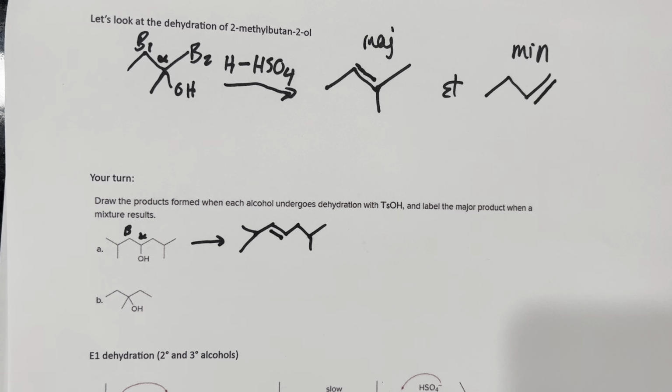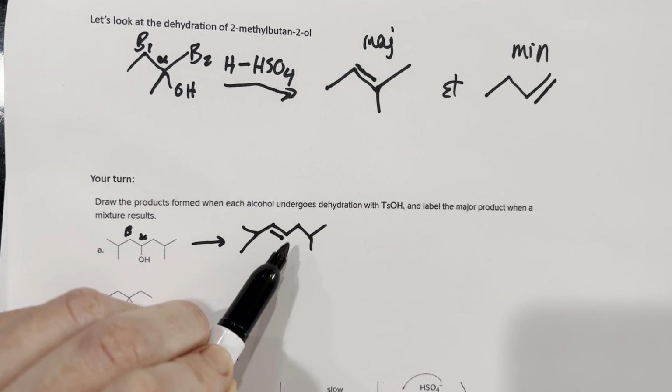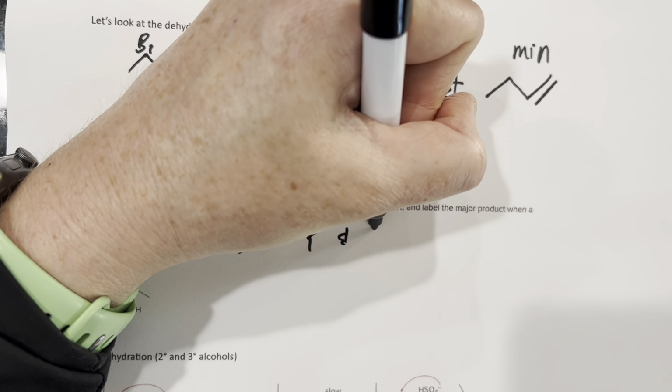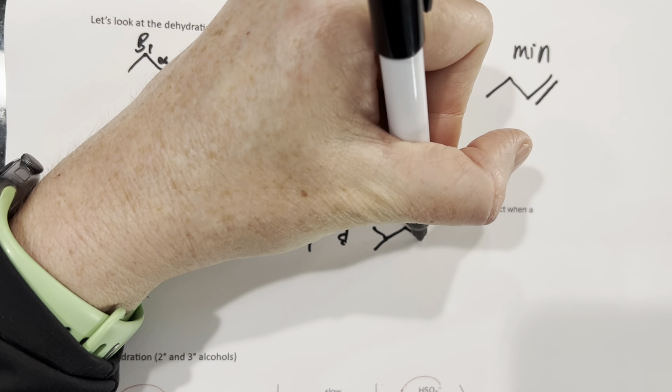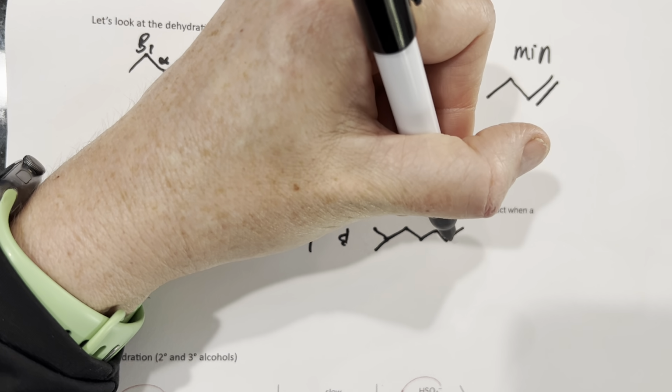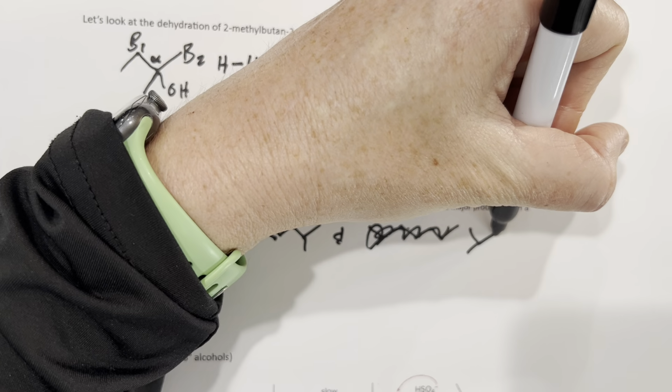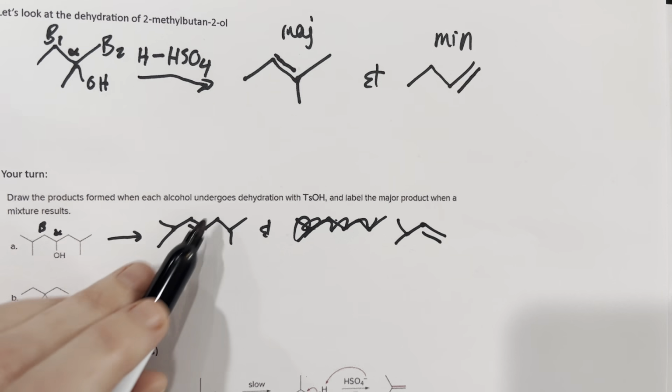Hopefully you recognize, this thing is trans, and we know we also need a cis product, and you'd be right. What am I doing? I just started drawing the whole thing. I like to go to the double bond usually, and then flip the other thing.